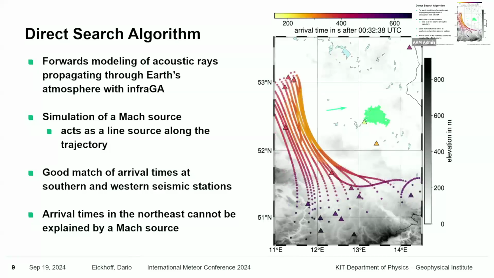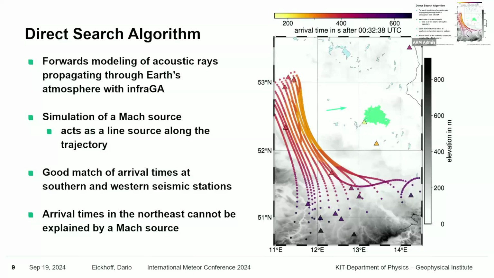And you can see that we can now resolve this mismatch in the northwestern part of the map, but we still have these unclear arrivals in the eastern part. Like I said in the beginning, there are two main mechanisms where our waves are coming from. First we have the Mach source, and second we also want to include a fragmentation source.